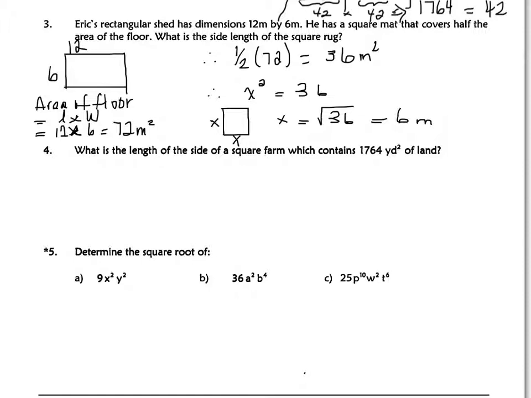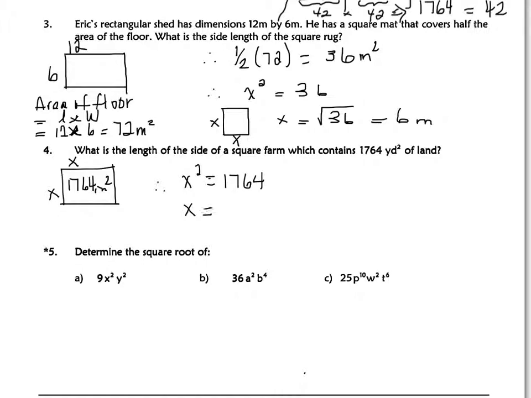Number 4, what's the length of the side of a square farm which contains 1,764 yards squared of land? So if it's a square farm, then the two side lengths would have to be the same, and the area would be 1,764 yards squared, so therefore x squared equals 1,764.